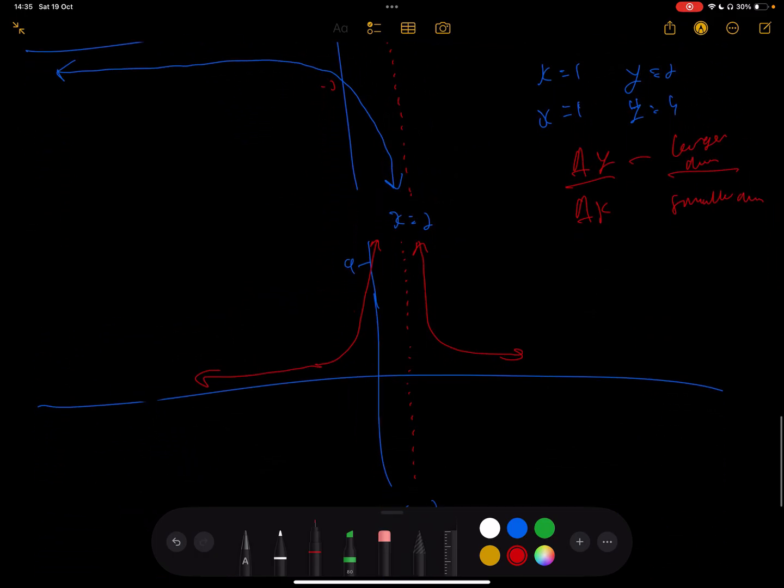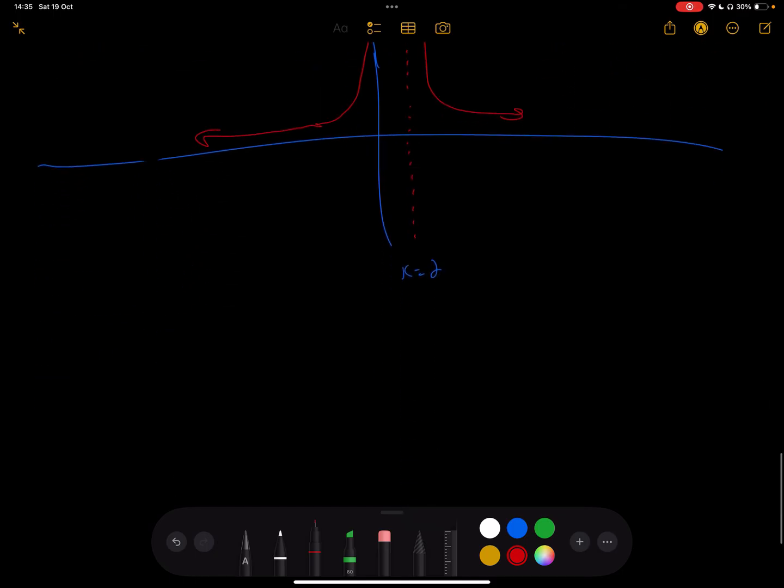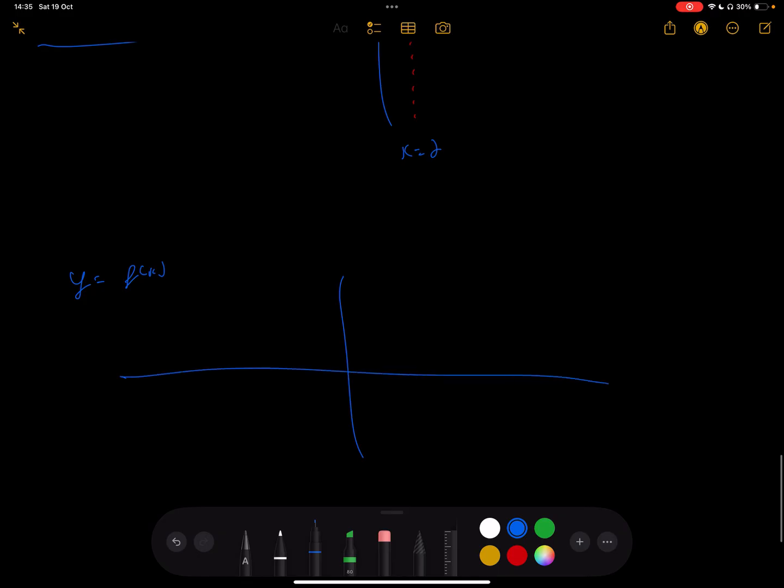Now, let's try another one. Alright, so let's just say that we have the graph of y is equal to f of x, and it looks something like this. We've got -1, -1. That's where it intersects.